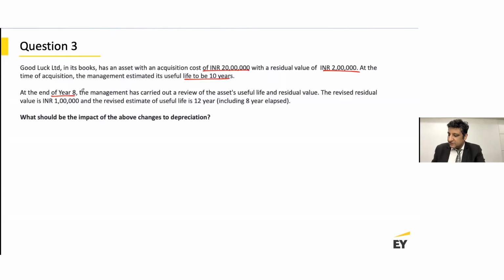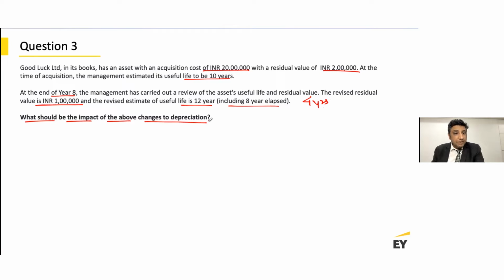The revised residual value is 1 lakh rupees and the revised estimate of useful life is 12 years, including 8 years lapsed, which means there are remaining 4 years. The question's requirement is what should be the impact of above changes to depreciation?